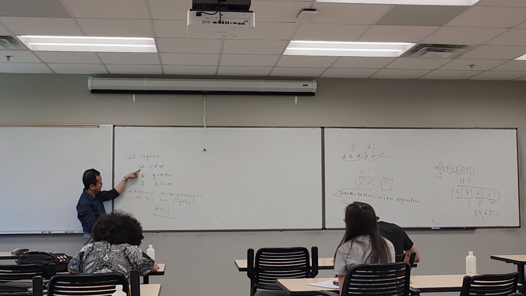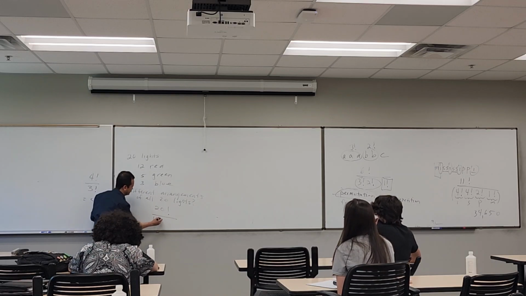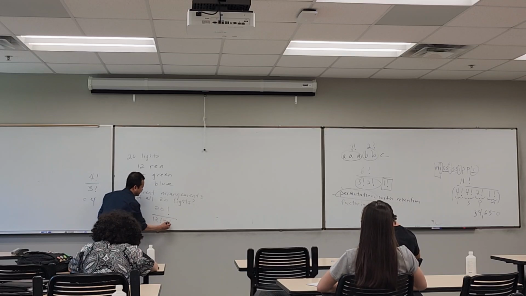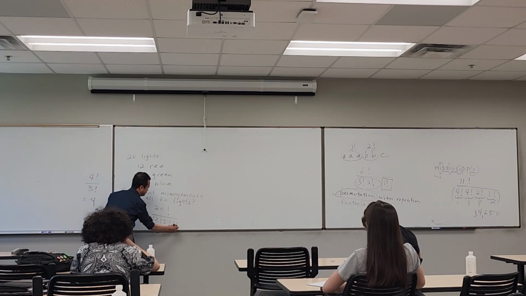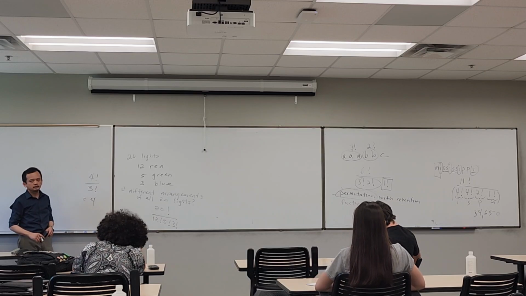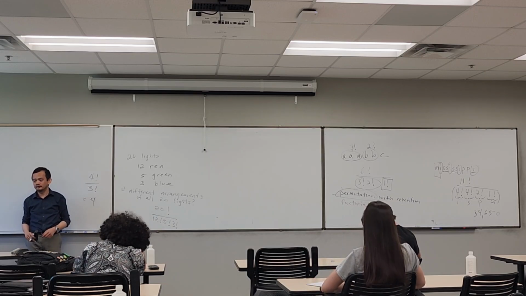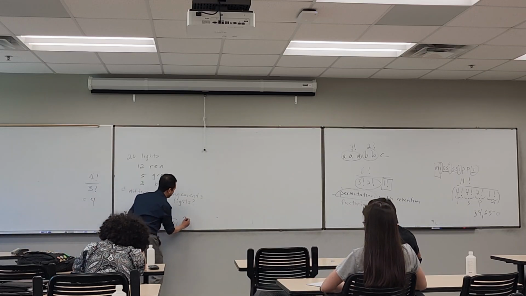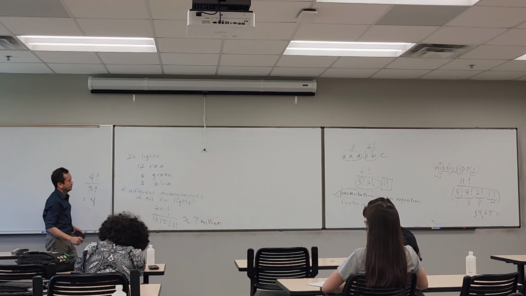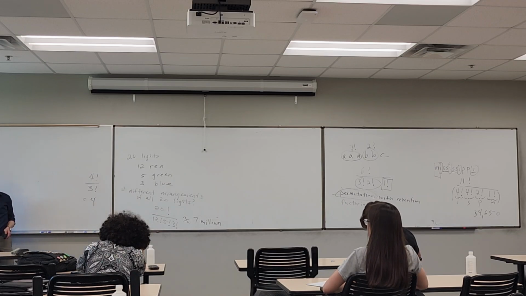So here it would be 20 factorial divided by 12 factorial, then divided by 5 factorial, and then divided by 3 factorial. It's around 7 million. Alright, any questions?